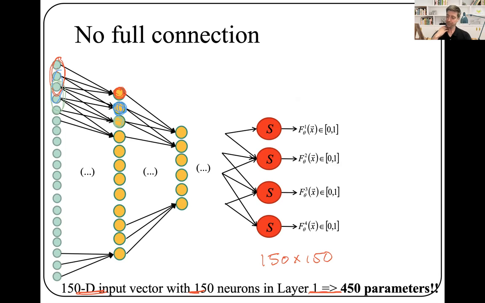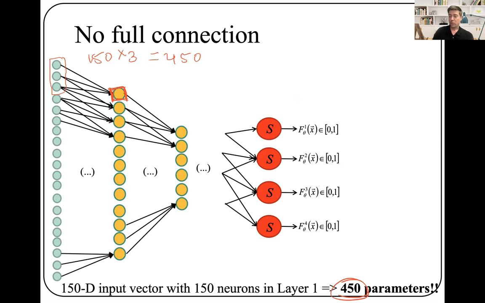And now, because each neuron is only connected to 3 neurons in the previous layer, the total number of connections between these 2 layers is 150 times 3, which is 450.